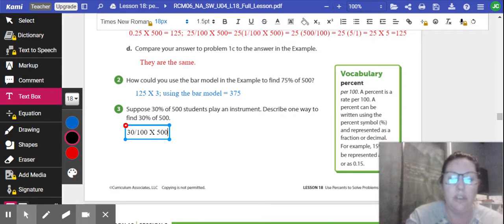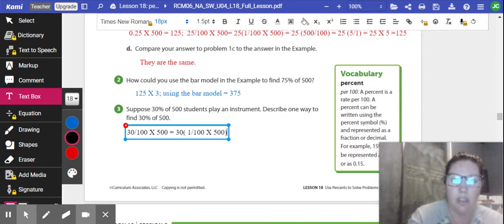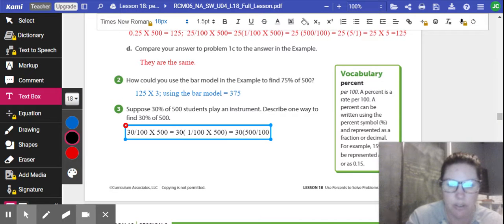Okay, so that is going to equal 30 outside of my parentheses, 1/100th times 500, which is then equal to 30 still outside of my parentheses, 500 over 100, because 1 times 500 is 500.